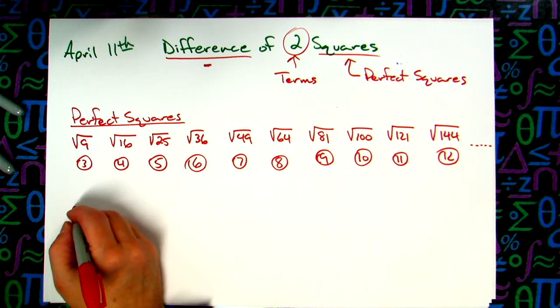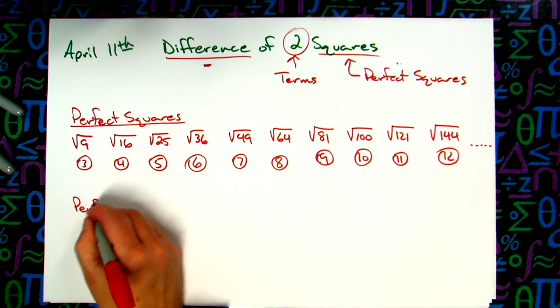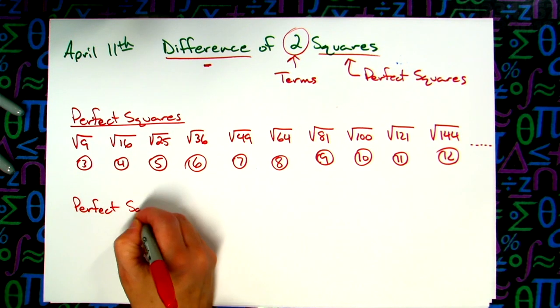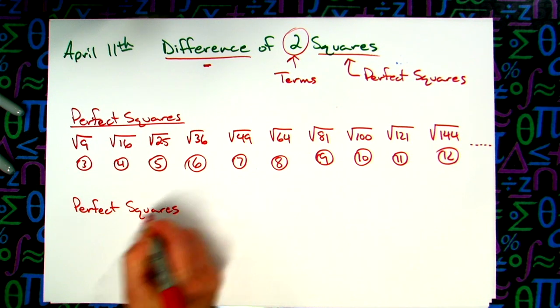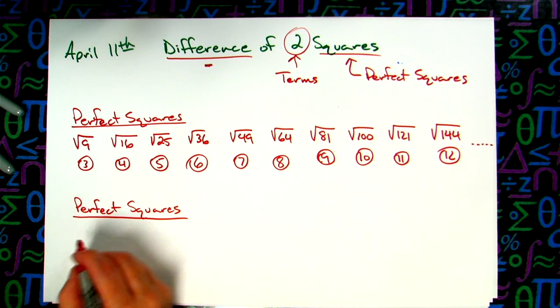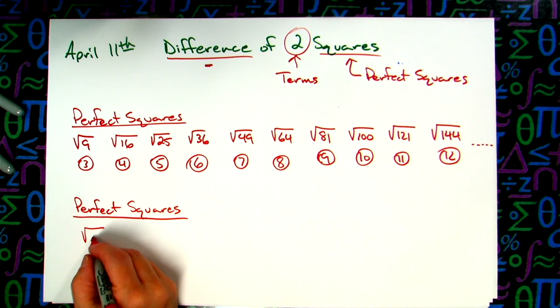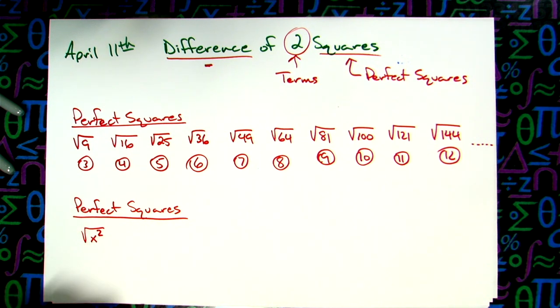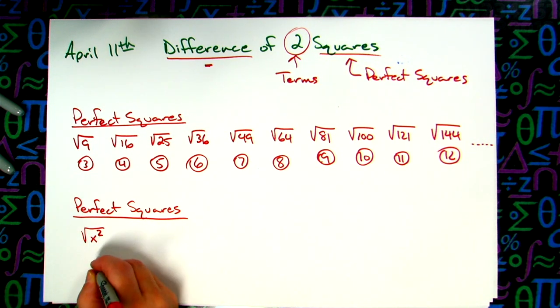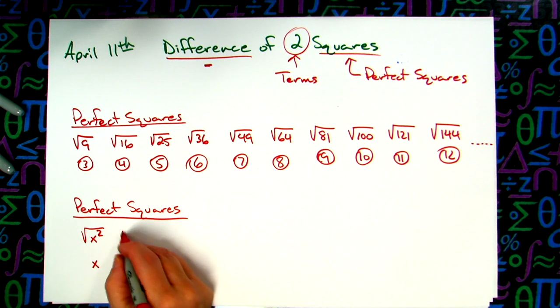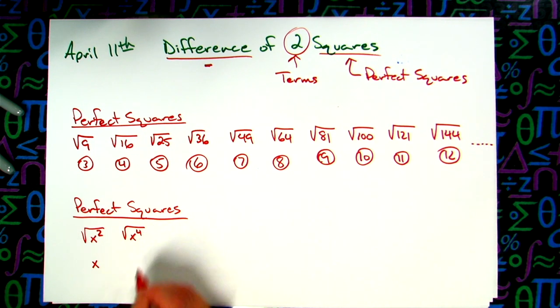Now, we also can take square roots of variables. Perfect squares with variables in them are going to be, say, the square root of x squared. That one's going to be x. The square root of x to the fourth is going to be x to the second.